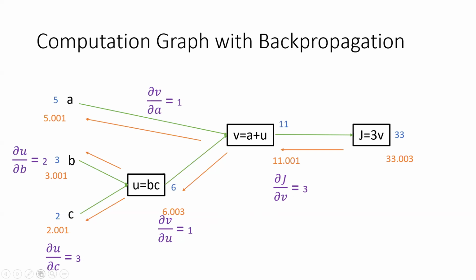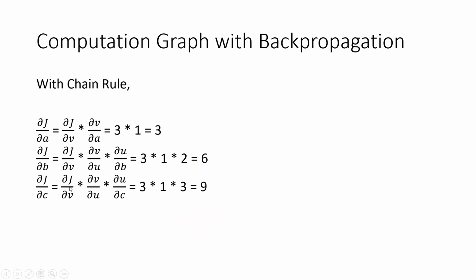So by multiplying these three terms, you get 3 times 1 times 3, which is 9 for ∂J/∂c, right? So if you are not that familiar with this chain rule or calculus at all, just take some time and carefully go through this calculation so that you will understand these calculations clearly, right?